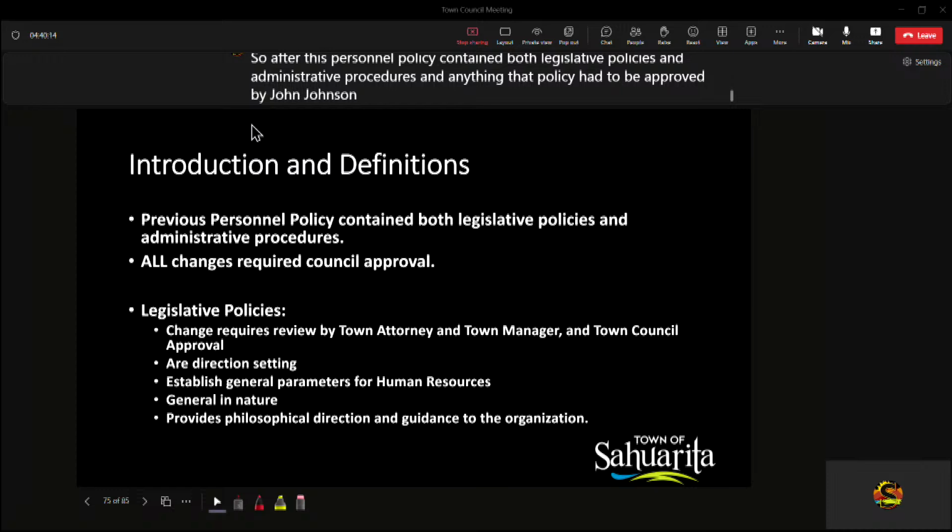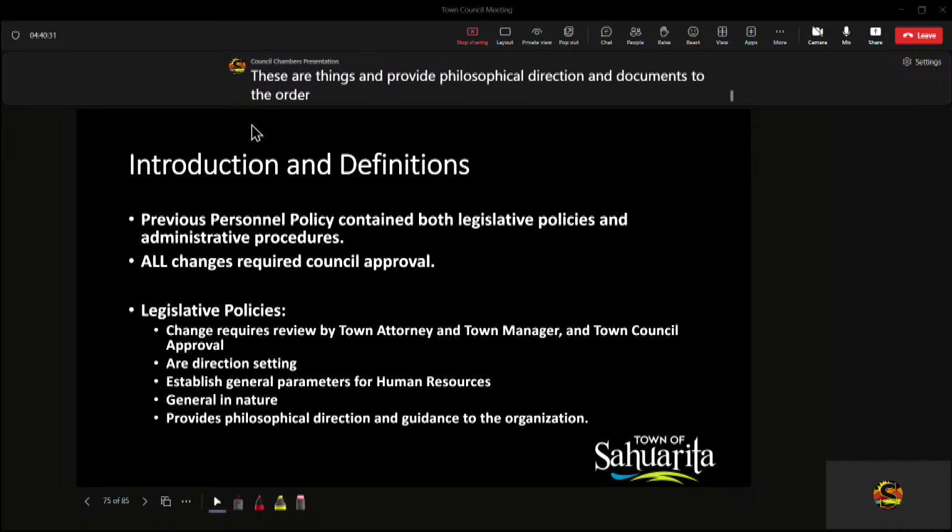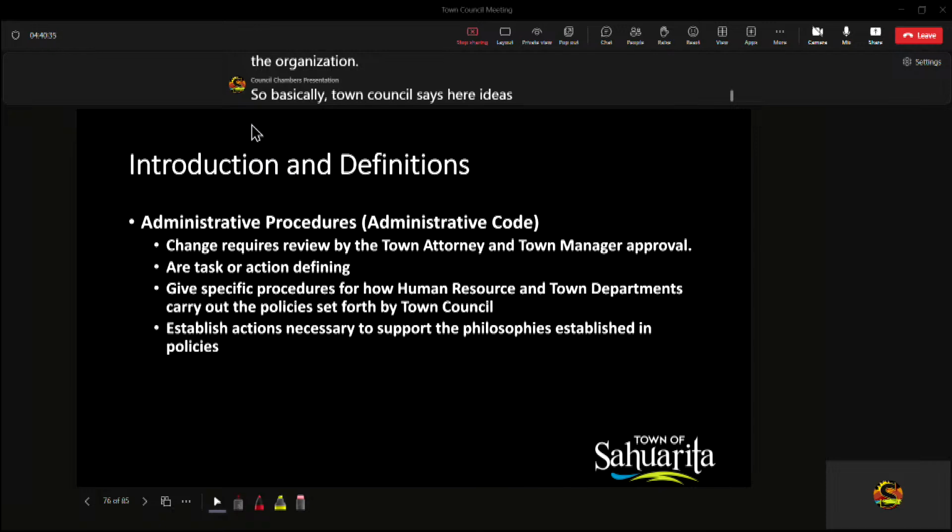The legislative policies require review by the attorney, the manager, and council approval. They provide direction to staff on what we need to do, general parameters for human resources, and provide philosophical direction and guidance to the organization. So basically, town council says, here are our ideas, make it happen.